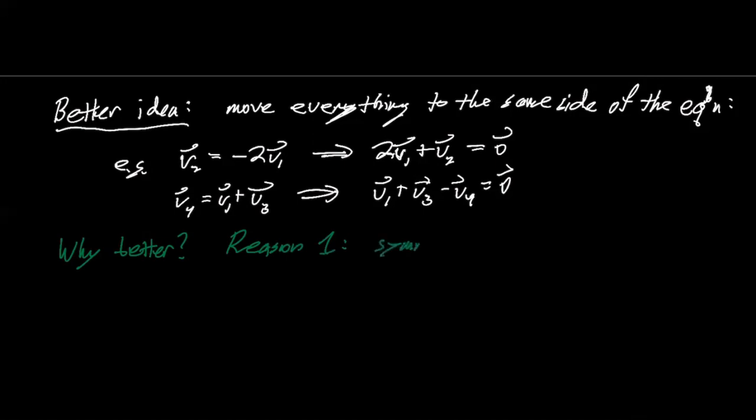We're not preferencing or isolating one of the vectors from the others. This might not be the most compelling reason yet. I'm hoping to give you more compelling reasons.